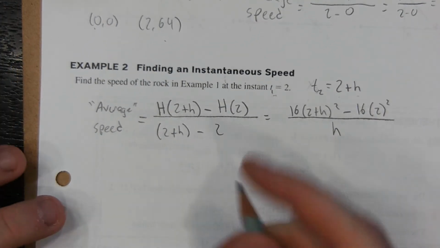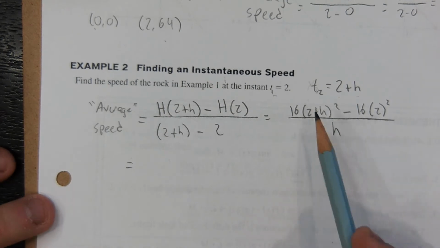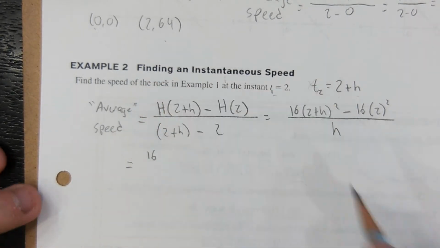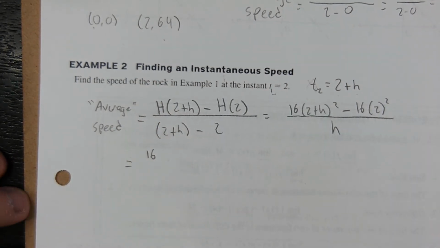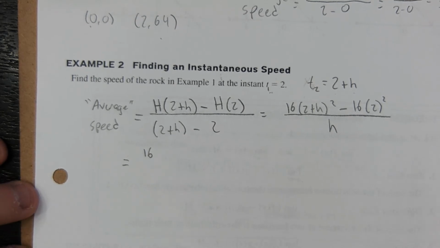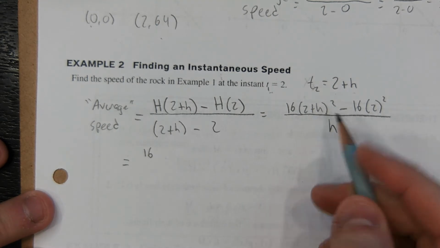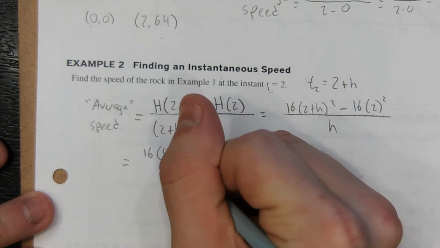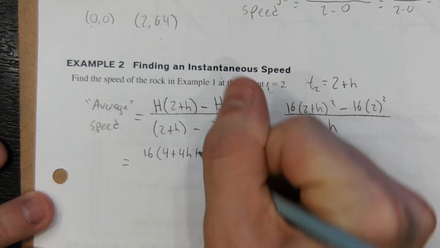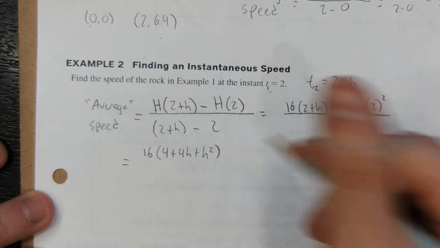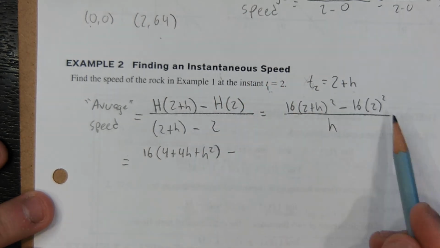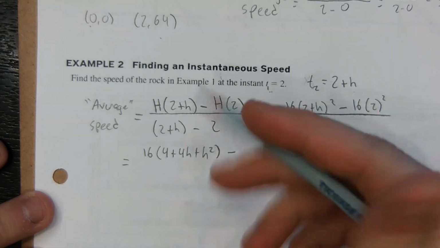Let's see what happens. I'm going to assume by now everybody at home knows how to FOIL, so 2 plus h squared means 2 plus h times 2 plus h, which would be 4 plus 4h plus h squared, minus this right here is going to be 64.